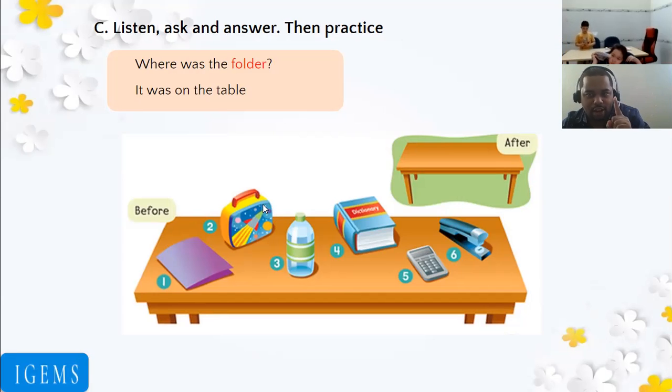So let me start again one more time to practice. Okay, where was the folder? You're going to say the folder was on the table. Where was the folder? Okay, let me help you.